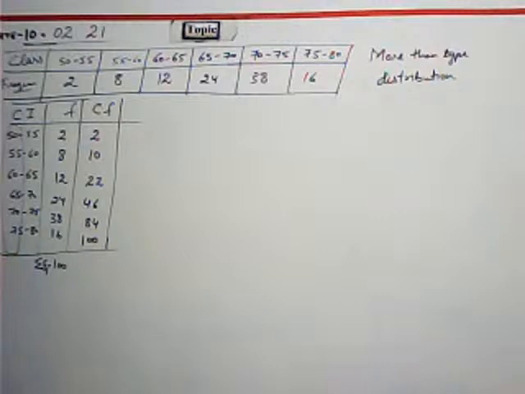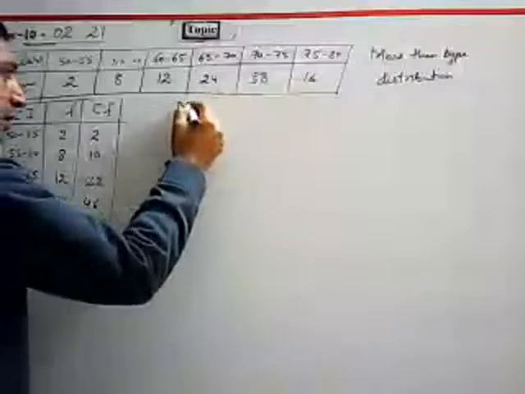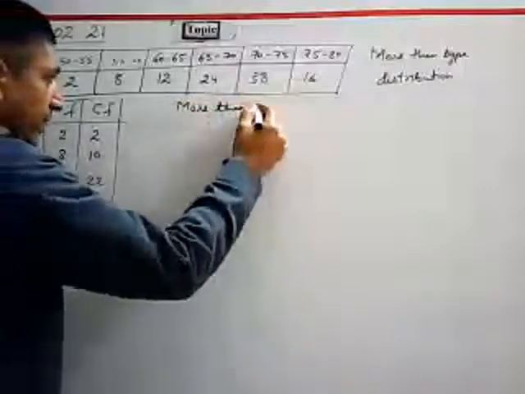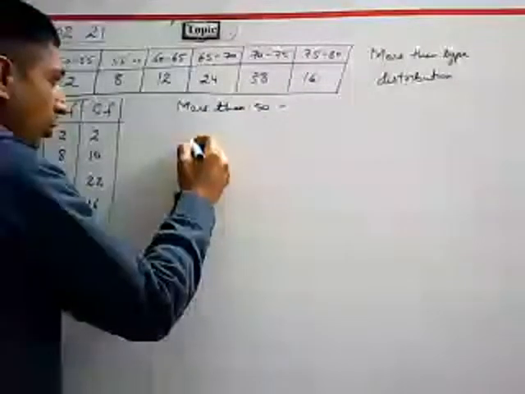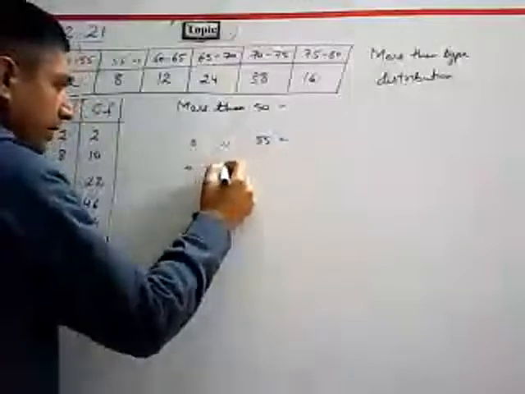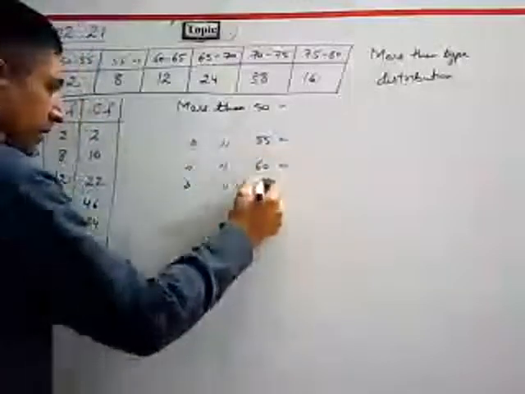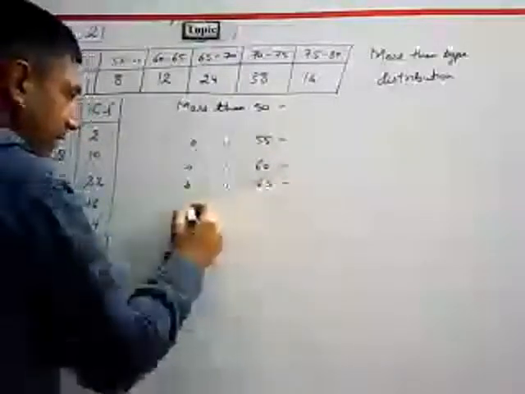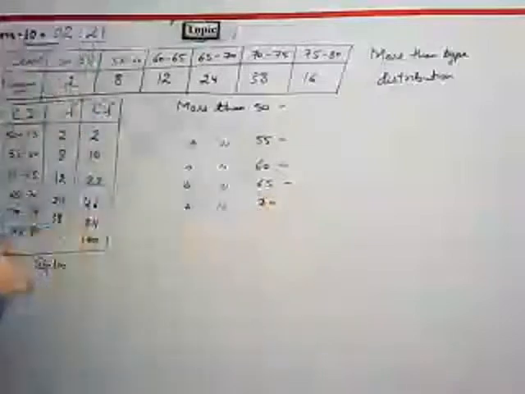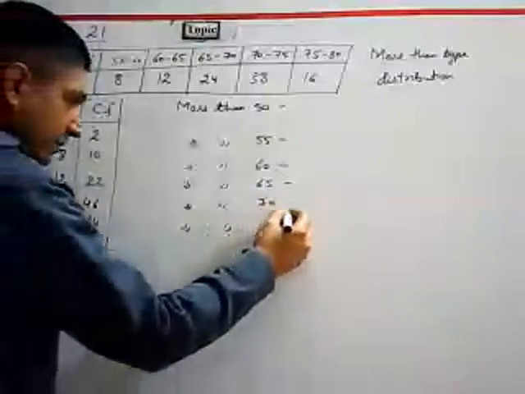So here we will write this more than type distribution: more than 50, more than 55, more than 60, more than 65, more than 70, and last is more than 75, right?